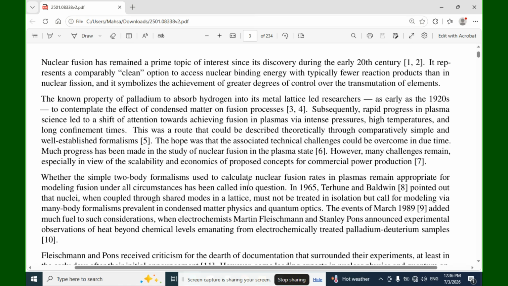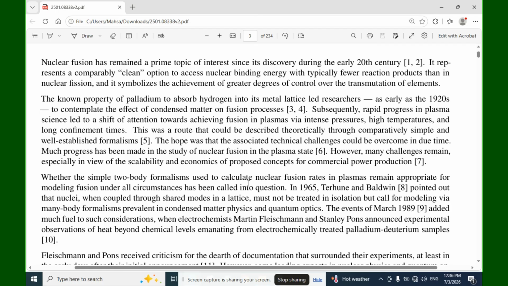The hope was that associated technical challenges could be overcome in due time. Much progress has been made in the study of nuclear fusion and the plasma state. However, many challenges remain, especially in view of the scalability and economics of proposed concepts for commercial power production.